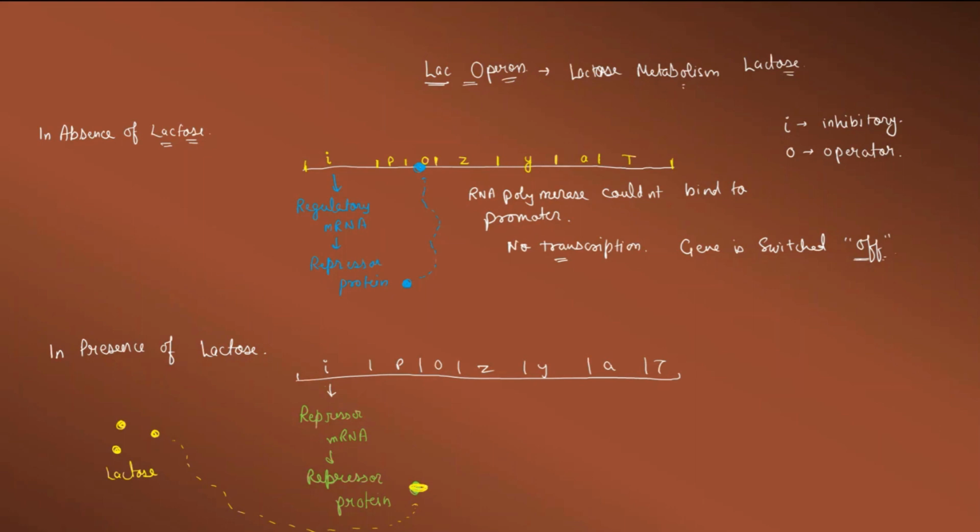Lactose binds with the repressor protein, and because of this binding, the protein becomes inactive.